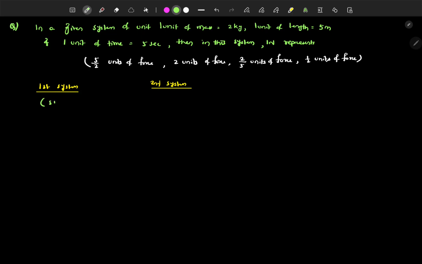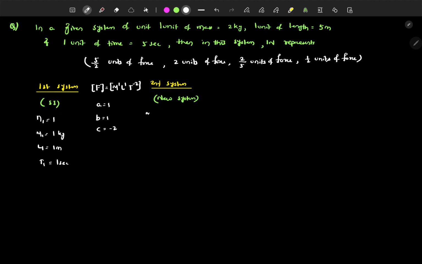So the first system is in SI and the second system is the new system, and the quantity is force, whose dimension is M1 L1 T minus 2. So the A value is 1, B value is 1, C value is minus 2, and N1 is mentioned as 1. As this is SI, M1 value is 1 kg, L1 value is 1 meter, and T1 value is 1 second.